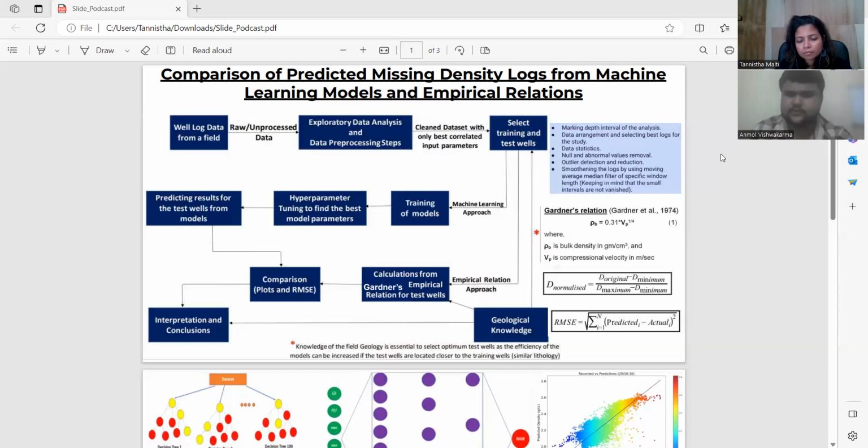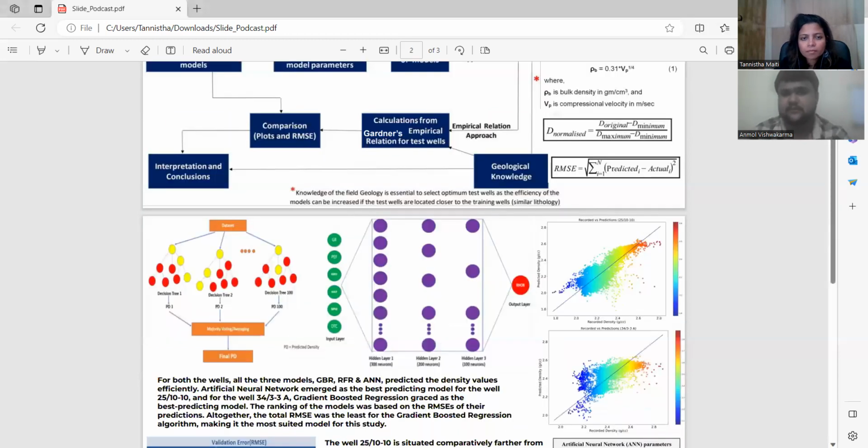And I predicted density for two wells. On the right-hand side, it is mentioned what pre-processing steps were applied. We need to check the data statistics and the variability. If there are abnormal values or null values, we need to remove those.